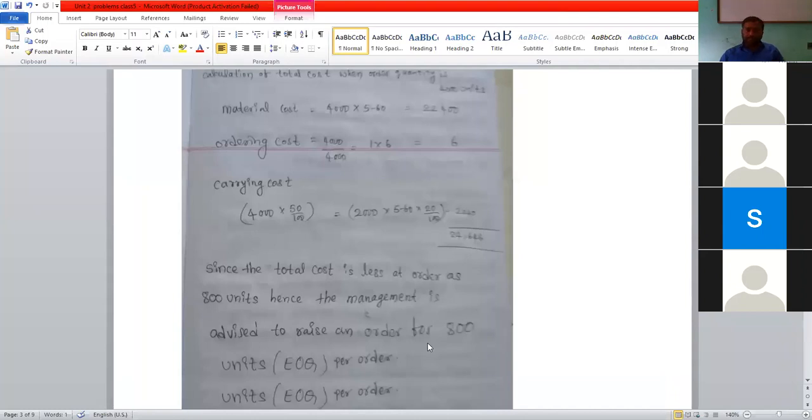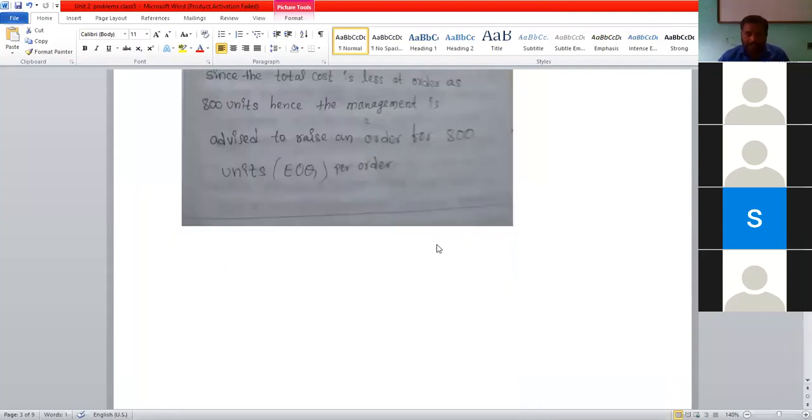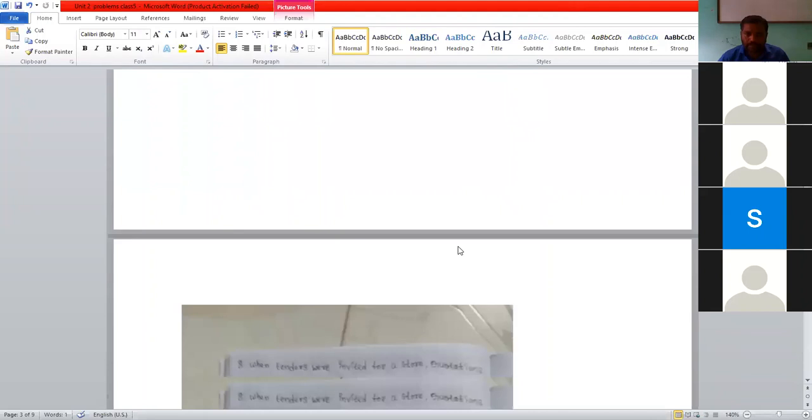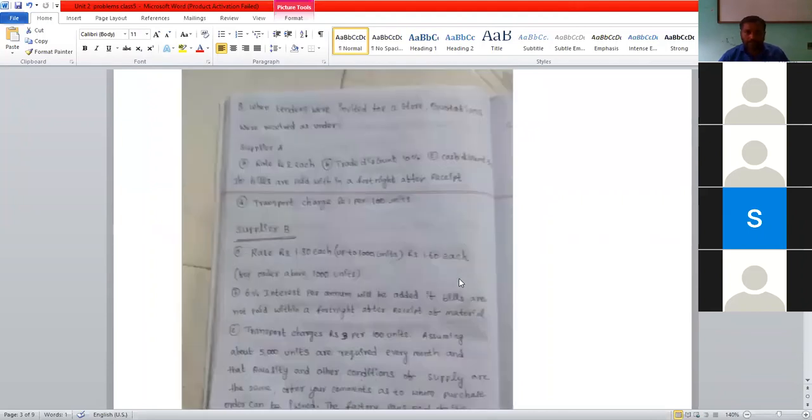Coming to the 8th question. Here this 8th question, now we are listening about tenders. So here whenever they require the raw material, they will invite the tender quotations from the suppliers.